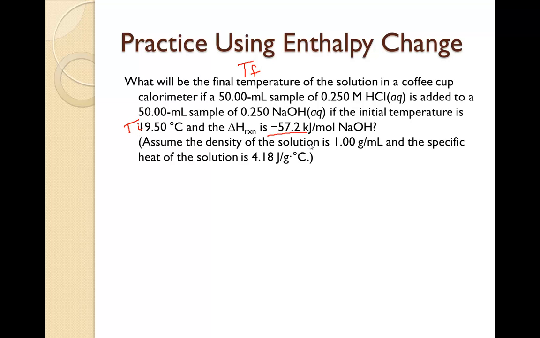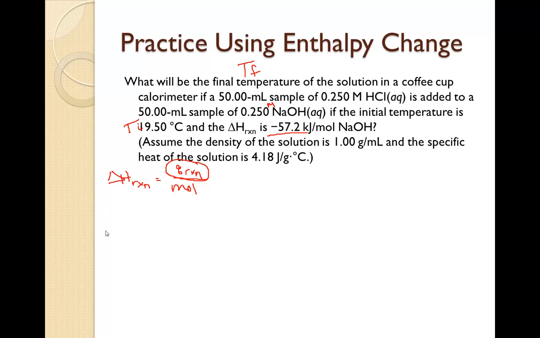So they give us the delta H in the process. Delta H, we know, is equal to the Q of the reaction over the moles. So we can figure out what the Q is by looking at our materials. So we have it as 50 milliliters of a 0.25 molar solution.